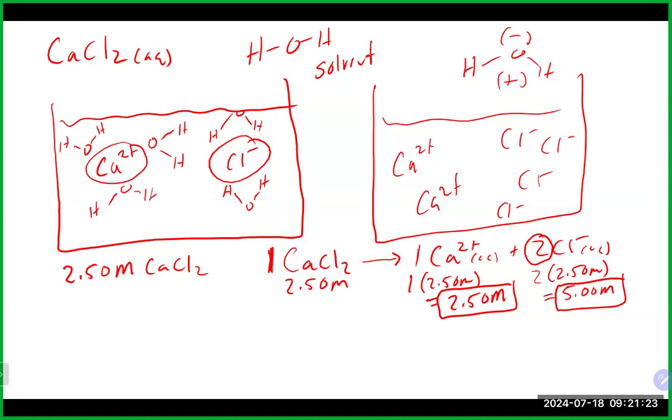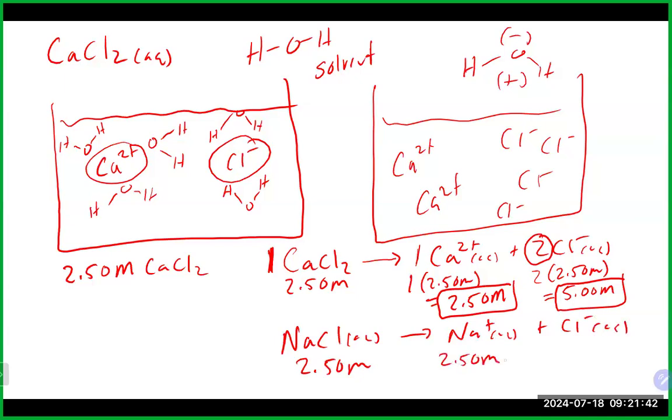That's the easy way to look at it. If you had something like sodium chloride at 2.5 molar, it would break apart into a sodium ion and a chloride ion. In this case, it is 2.5 molar for the sodium and also 2.5 molar for the chloride ions floating around.